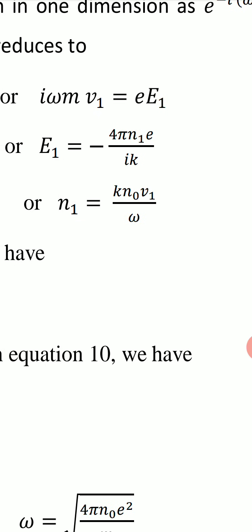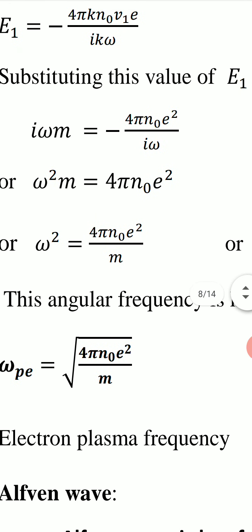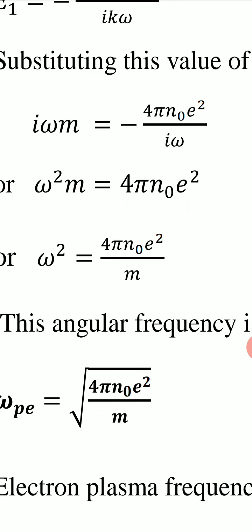Putting the value of E1 in equation 10 we get i omega m equal to minus 4 pi n0 e square upon i omega, or omega square m equal to 4 pi n0 e square.